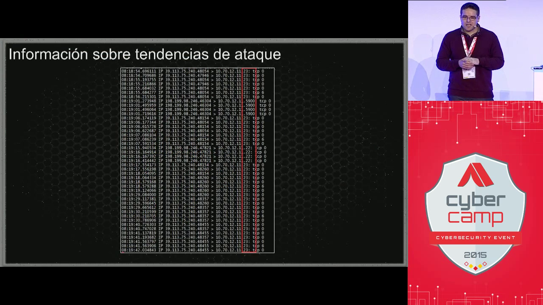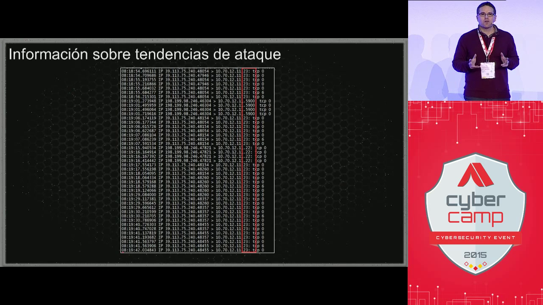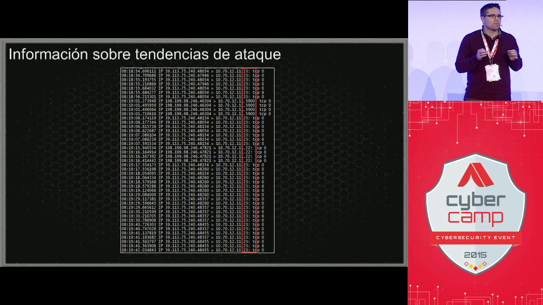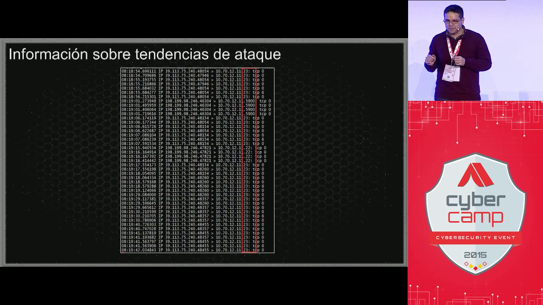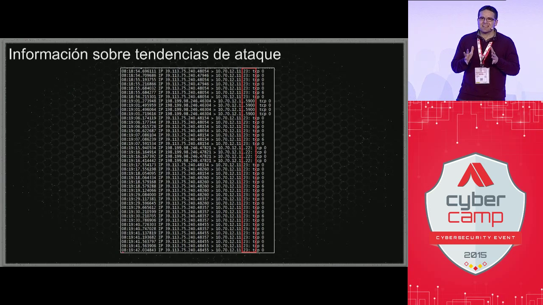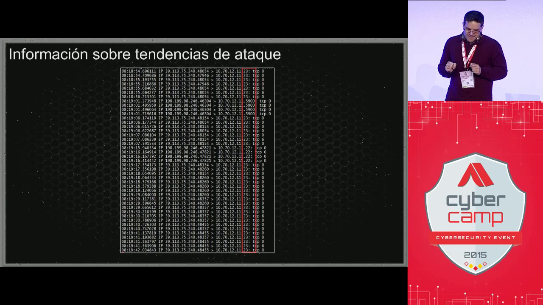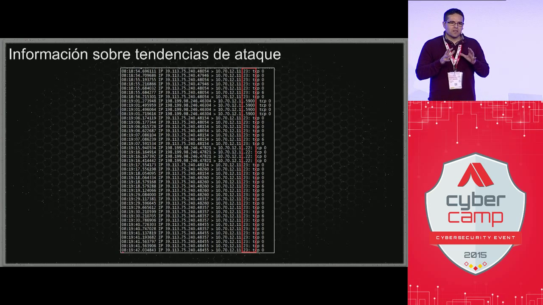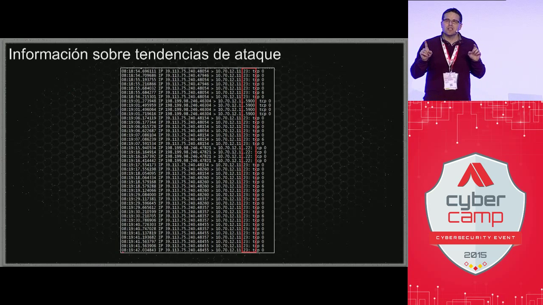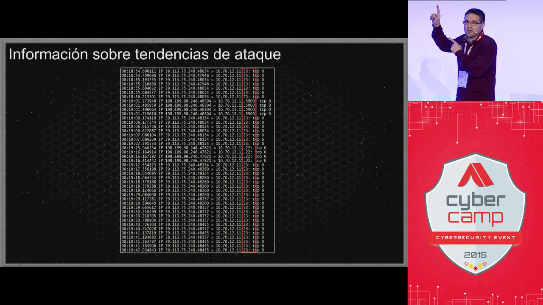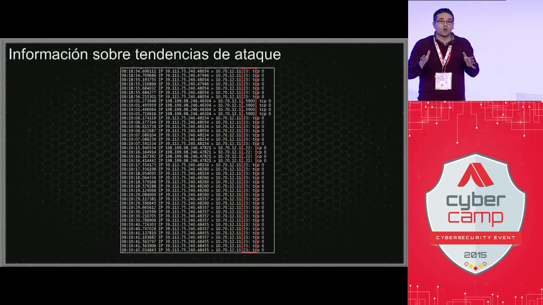Now the second point is about the information that we get through our sensors. First of all, the trends. This helps me decide on the sensor that I need to install on the internet. So we take the sensor, install it on the internet, and monitor all the TCP ports.